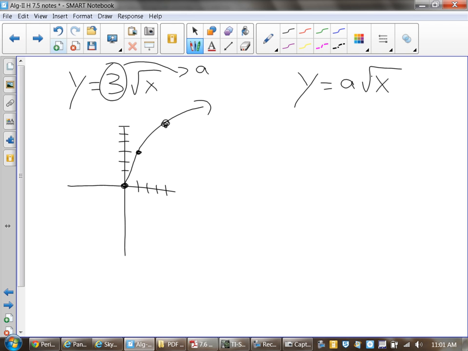If it was, let's say, y equals the negative of 3 times the square root of x, at 0, it's still 0. At 1, it becomes negative 3. And at 4, it's negative 6. It's just going the other direction. So that A value is basically telling you how fast it's increasing or decreasing. Okay? What comes into play then is that shift.